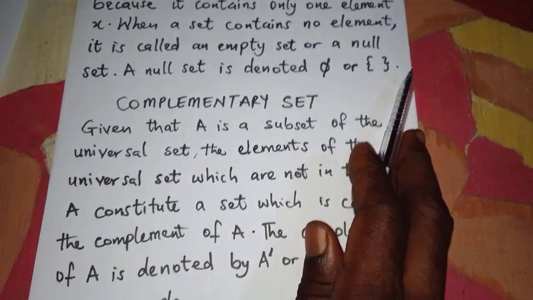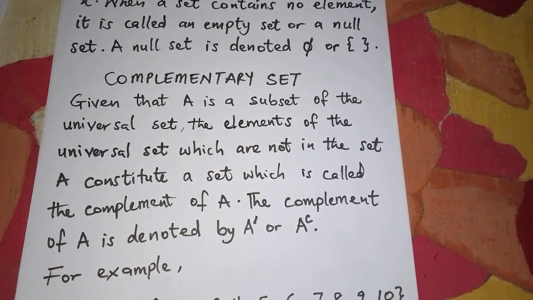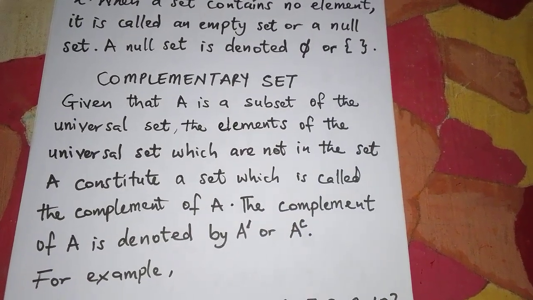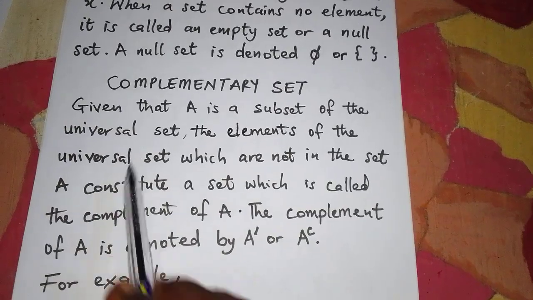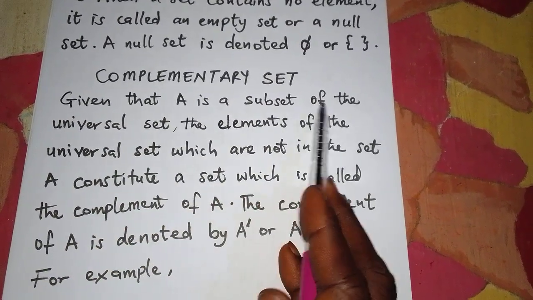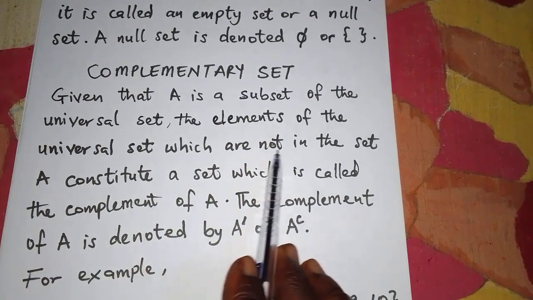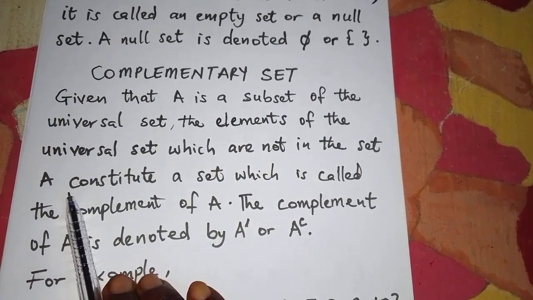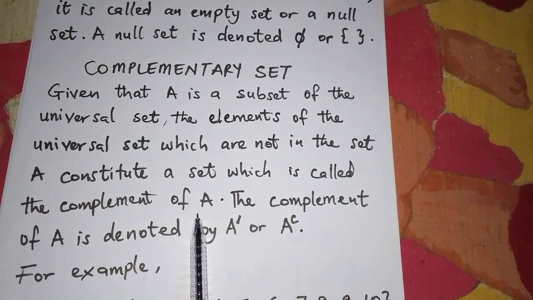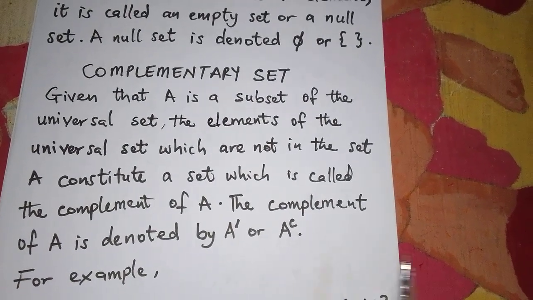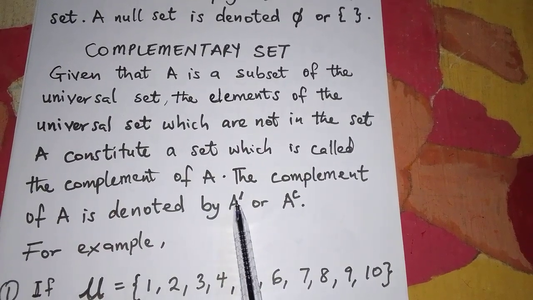Now let's go to the concept of complementary sets. For a complementary set, given that A is a subset of the universal set, the elements of the universal set which are not in this set A constitute a set which is called the complement of A. Now we use this sign to represent the complement of a set.